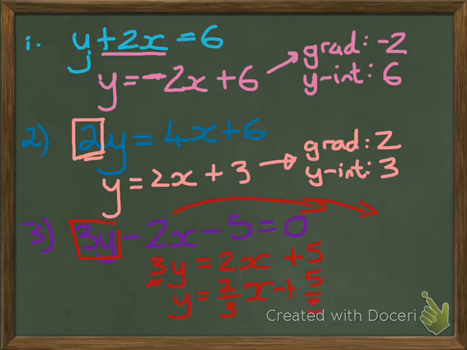So in this case, the gradient is 2/3, and my y-intercept is 5 over 3. And that's really all you need to know about standard form. You just need to practice a couple of them.